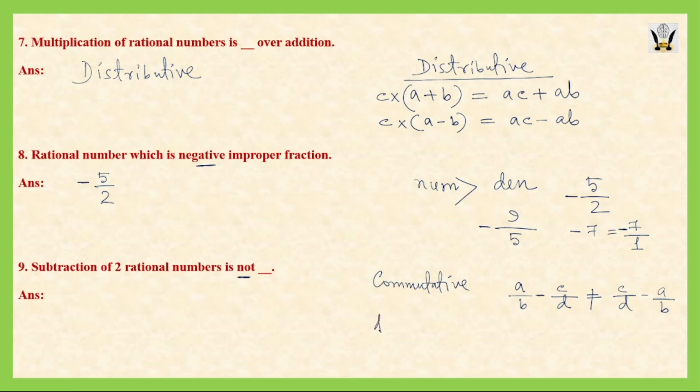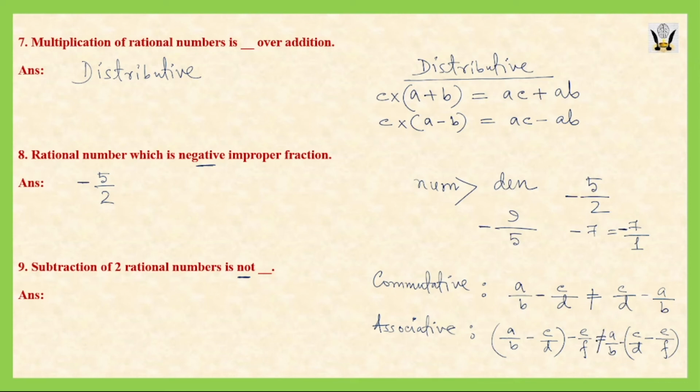And also we have the associative property, where we have learned that if we choose three rational numbers, and first we subtract the second rational number from the first one, and from that result we subtract the third rational number, then that will not be equal to when we subtract the third from the second first, and then that result is subtracted from the first rational number.